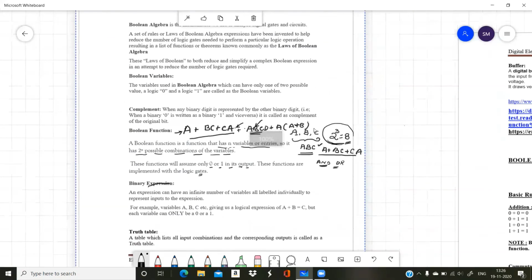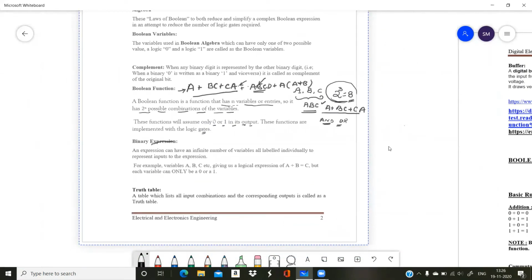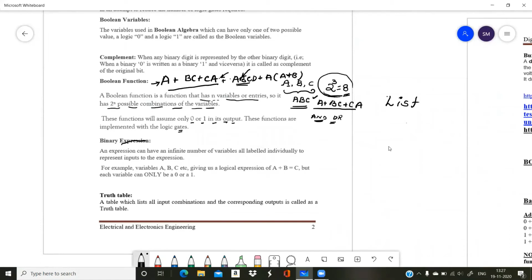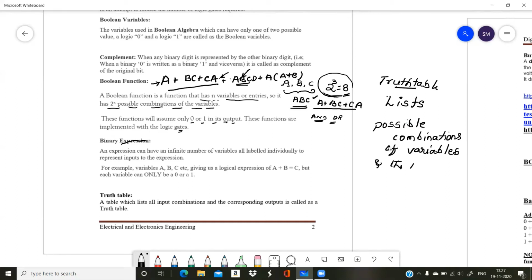Next, what is a truth table? See, a truth table lists all the possible combinations of variables and the respective or corresponding output, depending upon what logic is used in the expression.